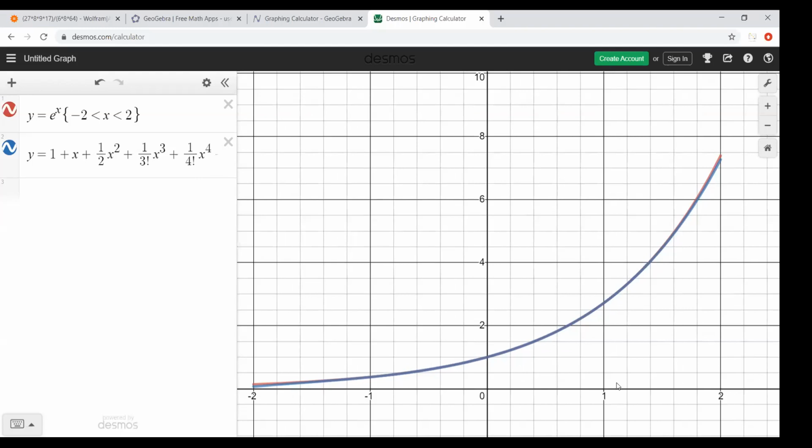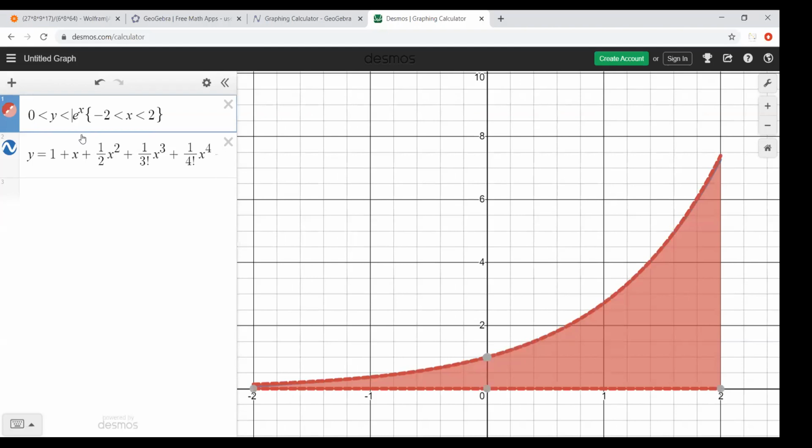And what's even more interesting is if I switch this view, you might say, oh, I've got a way of quantifying. Because here's the issue: how do we quantify how close they are, or how approximate they are? Well, one way would be to ask what kind of region they make when we bound their graph with the x-axis.